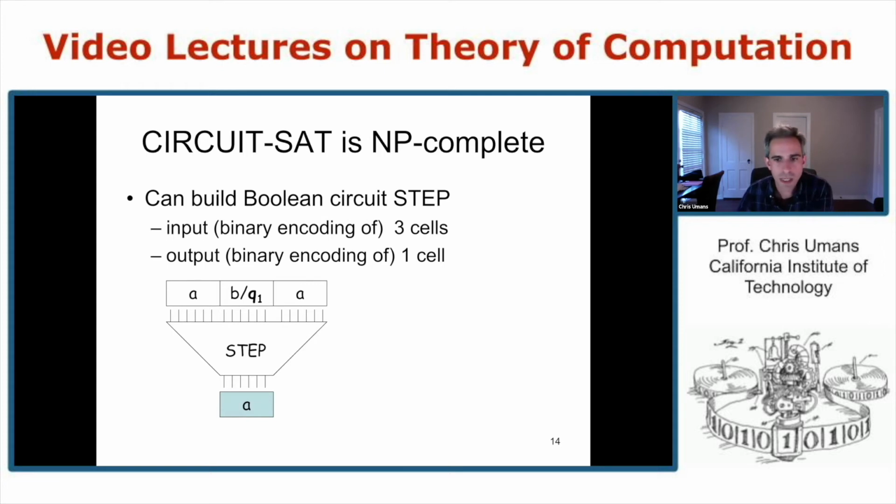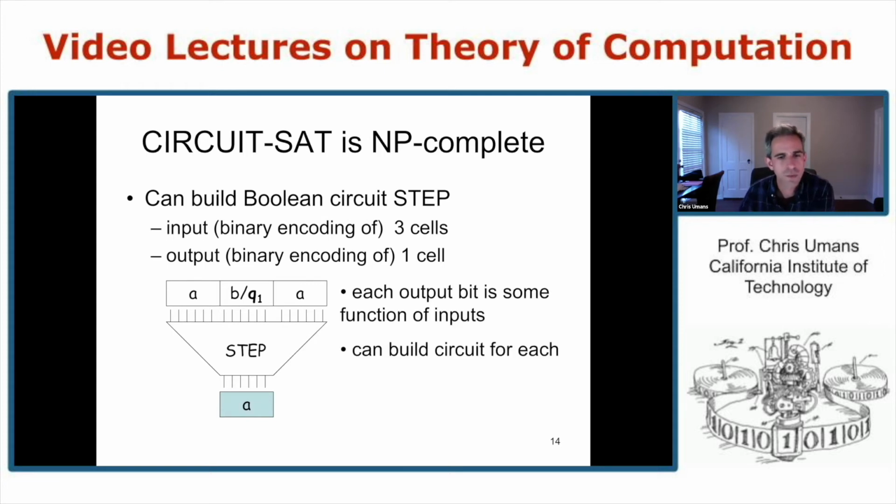Okay, and again, what I should be careful to say, because we defined a Boolean circuit and said that there was a single output bit, is that what I mean by this picture is that each output bit pictured here is some function of the input bits. And you just build a circuit, one for each of them, and put them side by side, and that's the step function that I'm describing.